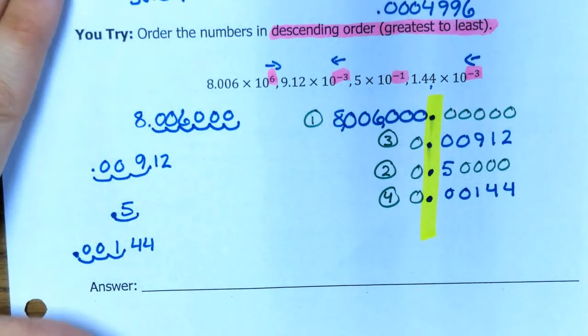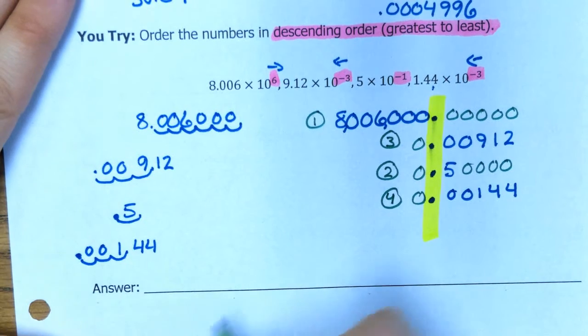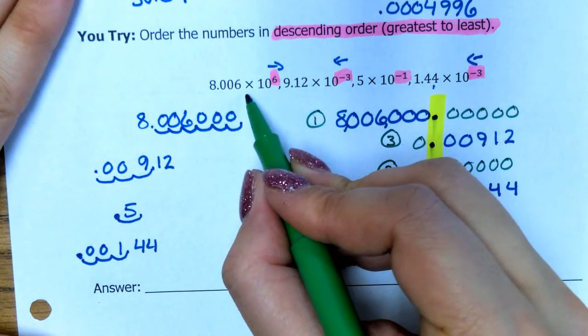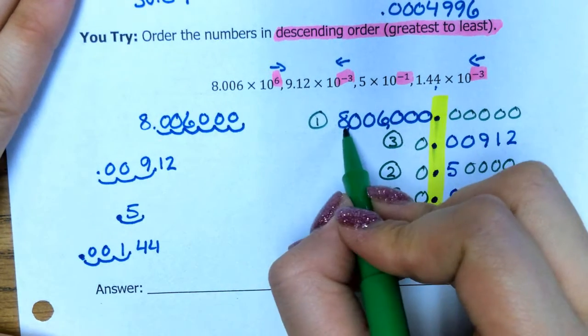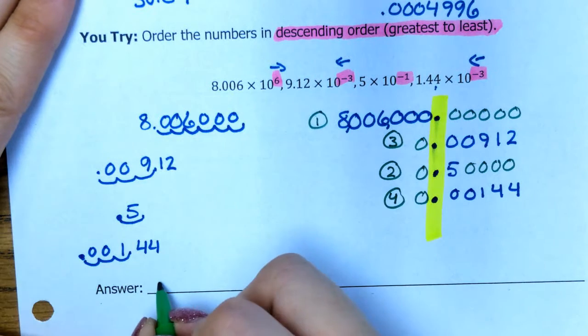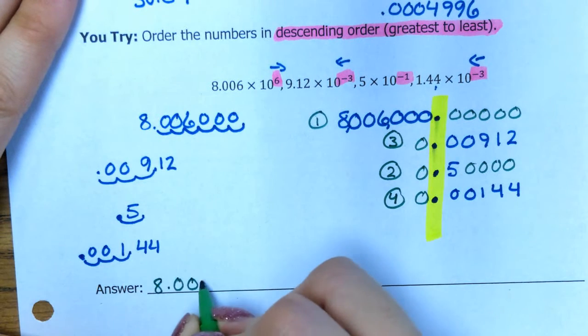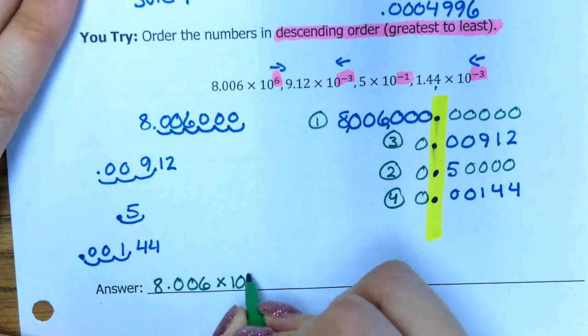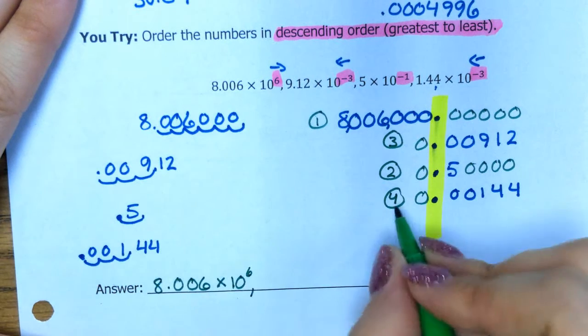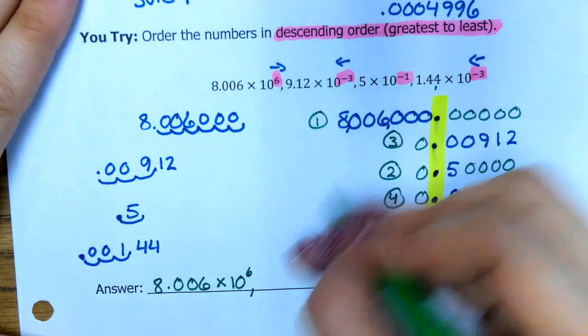So my last step on these problems is to rewrite my order, writing them back in scientific notation. So I'm going to write this one first. So that was this. Okay, number 2 is here.